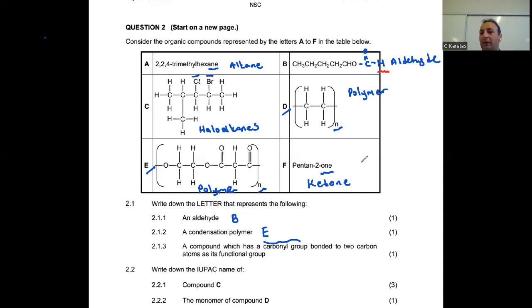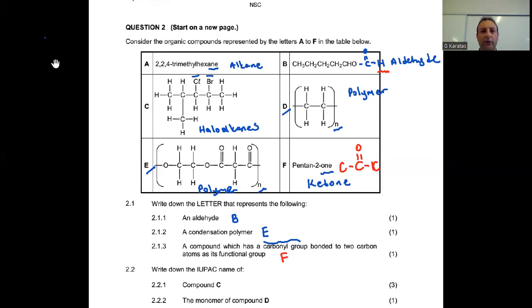But when we come to ketones, there is no hydrogen around this carbonyl. It has to be 2 other carbon atoms. So a compound which has a carbonyl group bonded to 2 carbon atoms as its functional group is compound F.